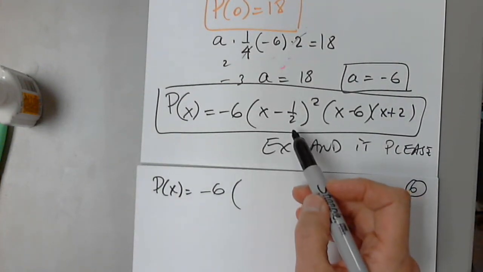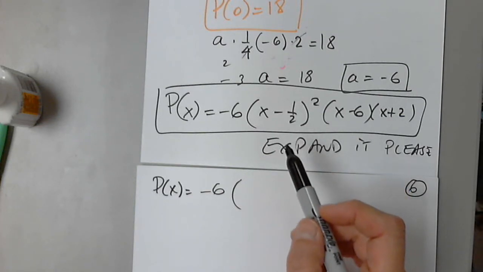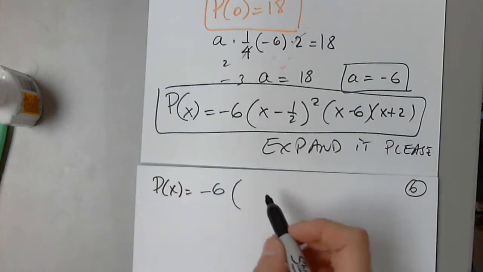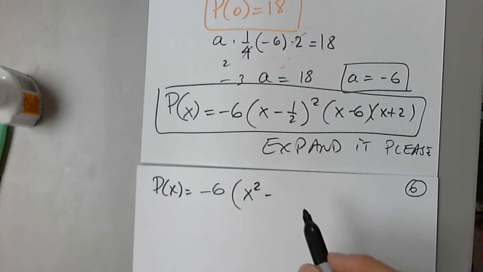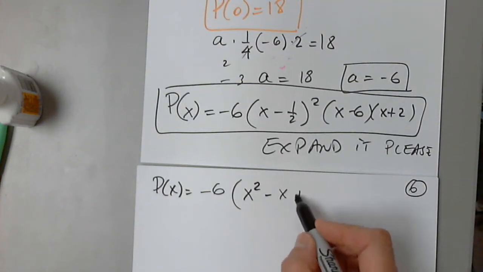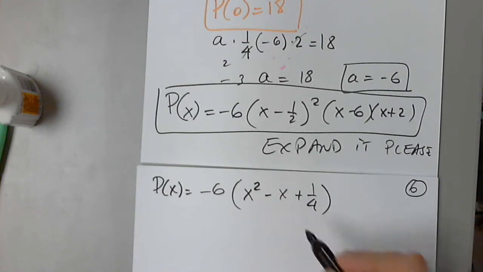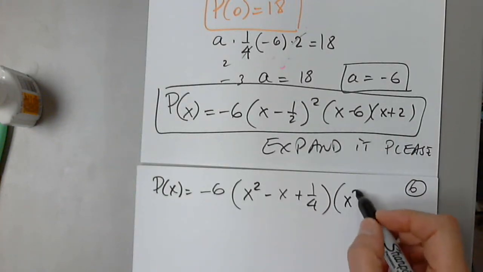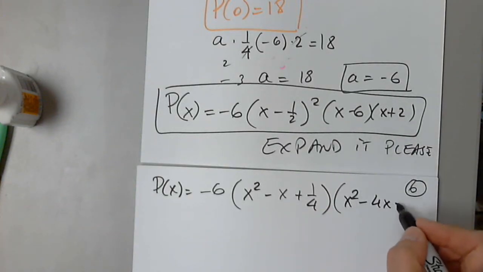Good. So remember, a binomial squared has how many terms? X squared minus 2 times the first times the second plus the second term squared. Then I will multiply these two and I get x squared minus 4x minus 12.